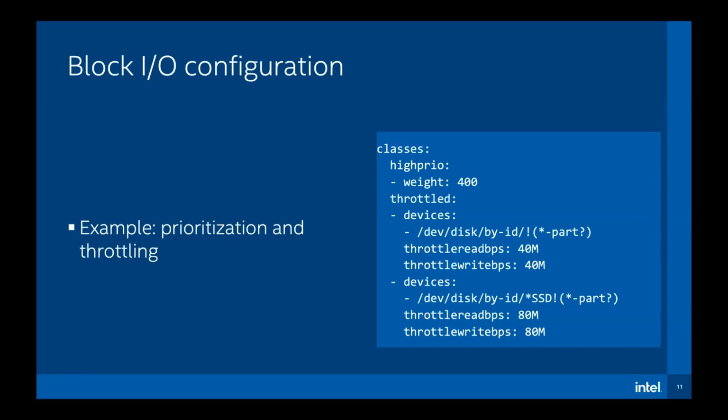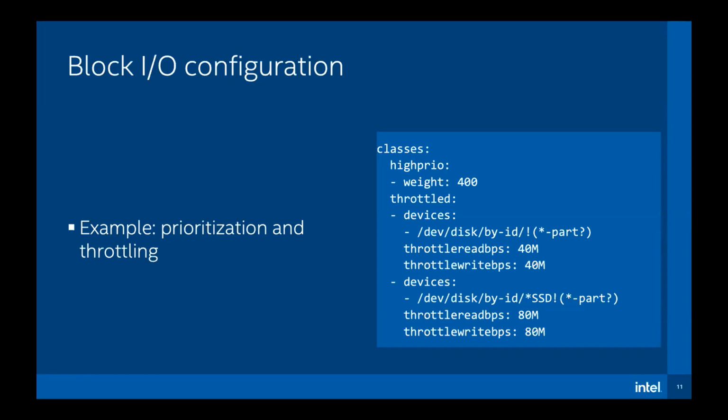You can only throttle a whole block device, and all partitions then obey that. So the first one matches all the devices, and the second one matches all the devices which have the SSD string in the device ID. It sets higher throttling values, 8 megabytes per second for SSD disks, and normal hard drives would get 40 megabytes in this example.